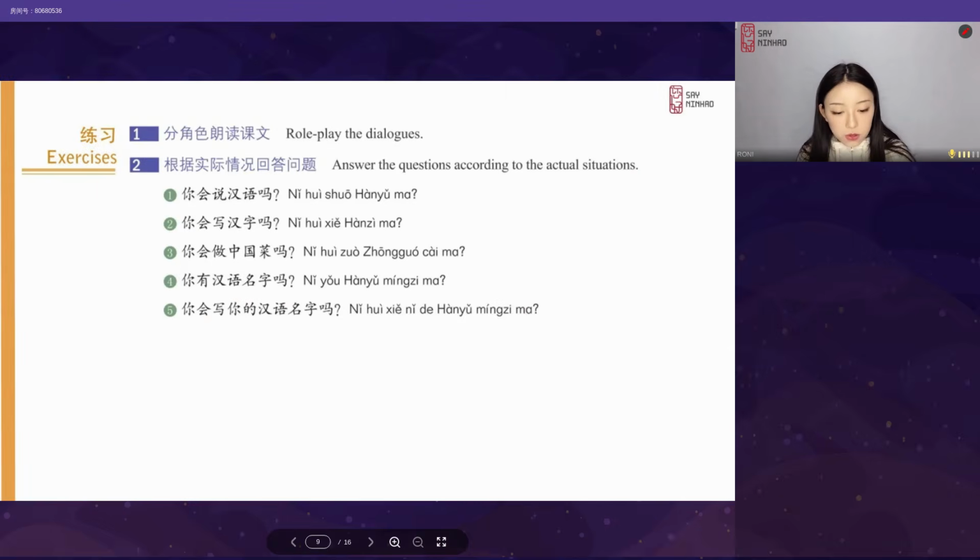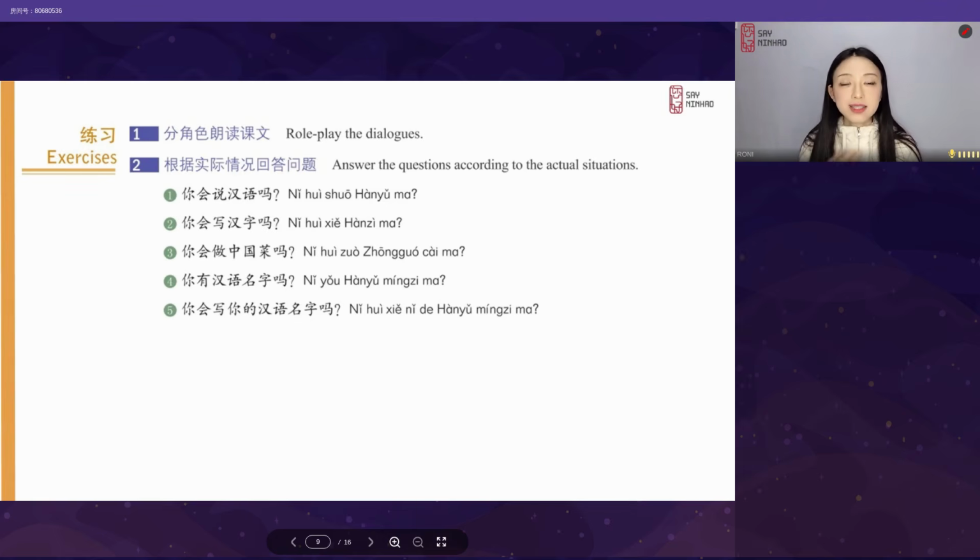Now let's move on to the next part, which is answering the question according to the actual situation. Okay, so first question, 你会说汉语吗？Try to answer it. Okay, 你会说汉语吗 means, can you speak Chinese?